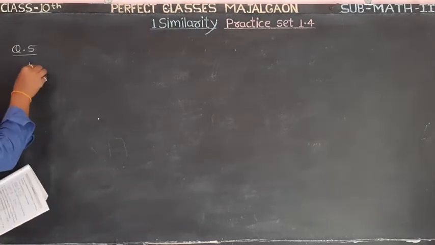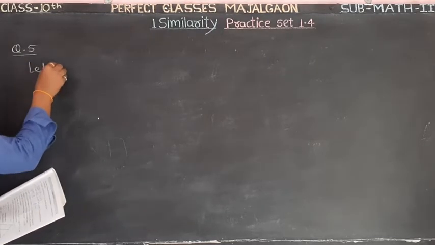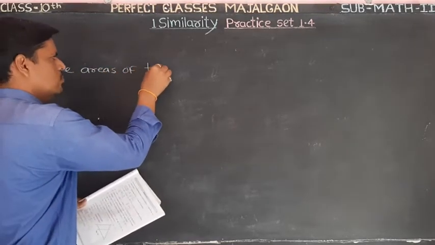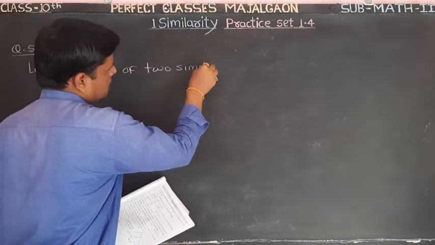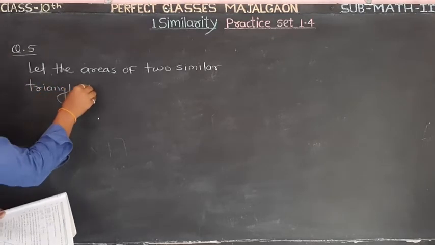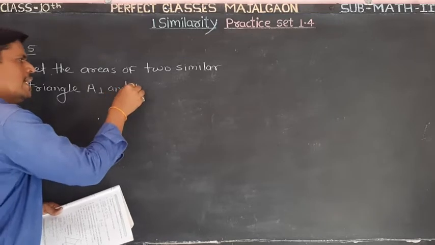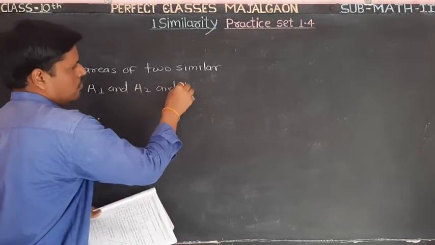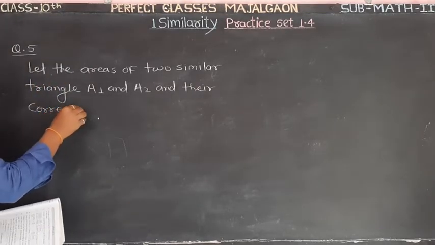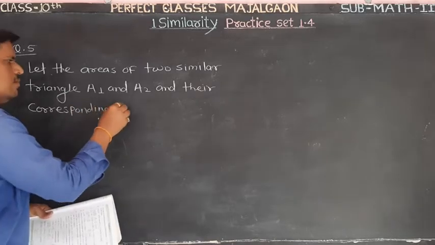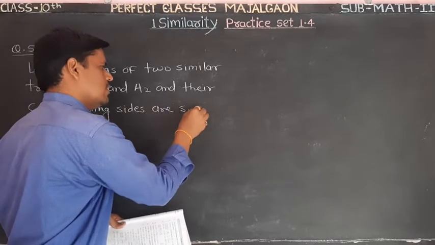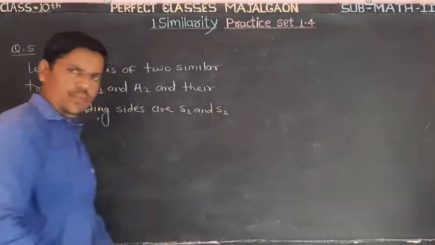Here, let the areas of the two similar triangles be A1 and A2 and their corresponding sides be S1 and S2.